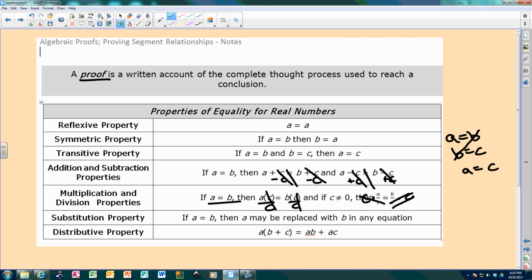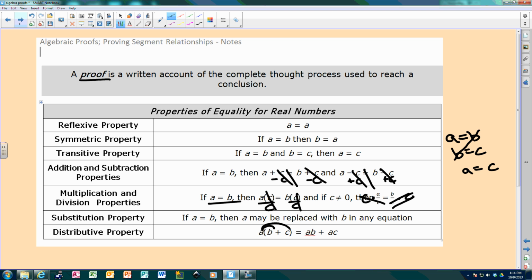Then there's substitution. Just like you substitute something in place of another, if A equals B, then A may be replaced with B in any equation. Then there's the distributive property, which you all know. If you distribute A to the B and the C, you get AB plus AC.